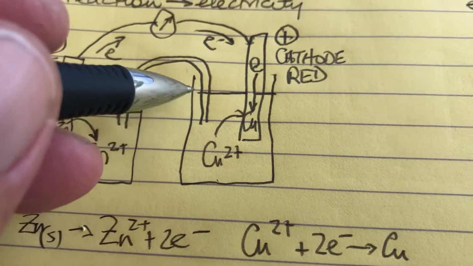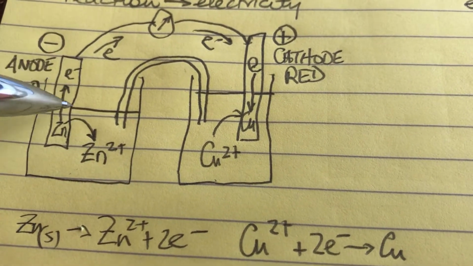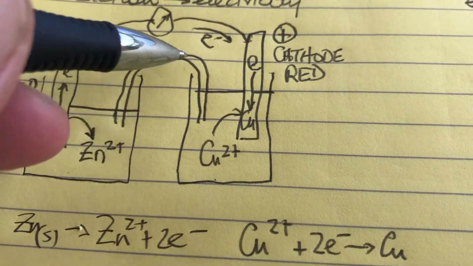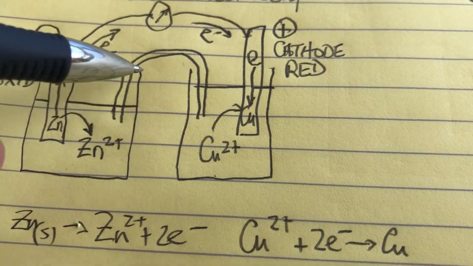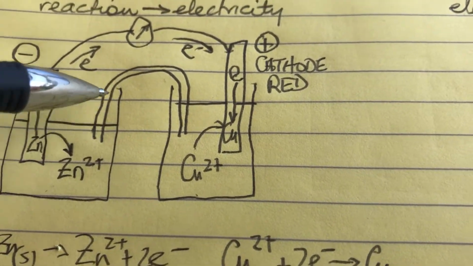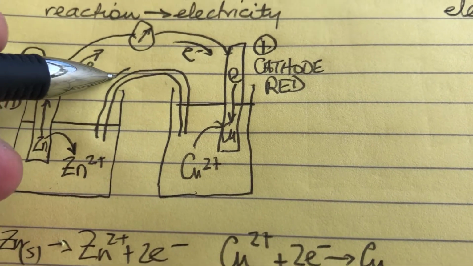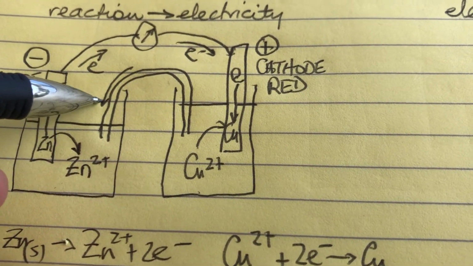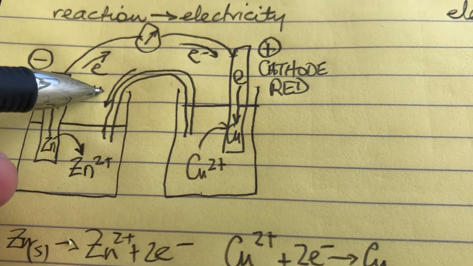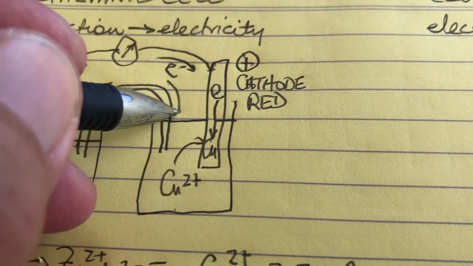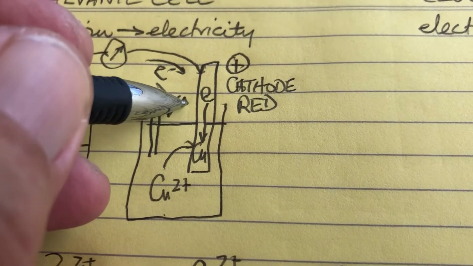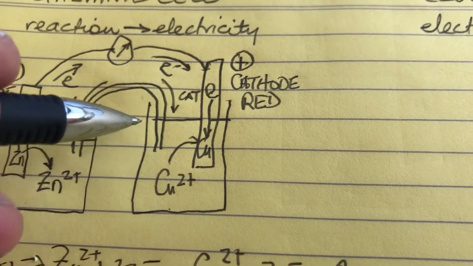The beakers and the salt bridge, the two half cells and the salt bridge, are the internal circuit. What happens is that anions move towards the anode and cations move towards the cathode, and that allows the charge to flow.